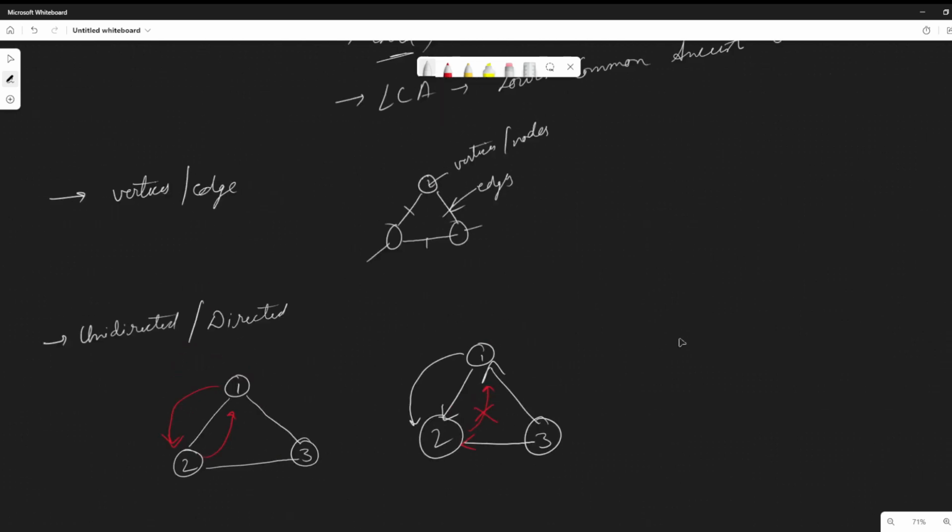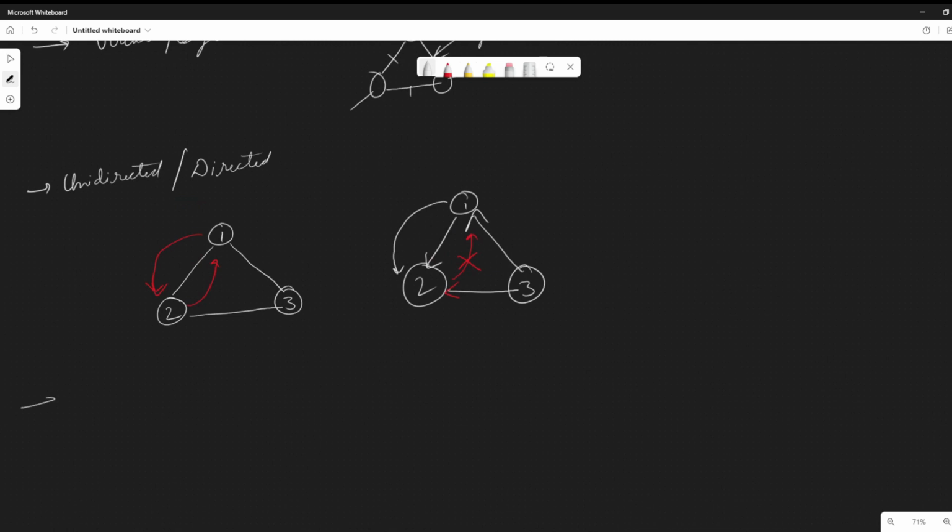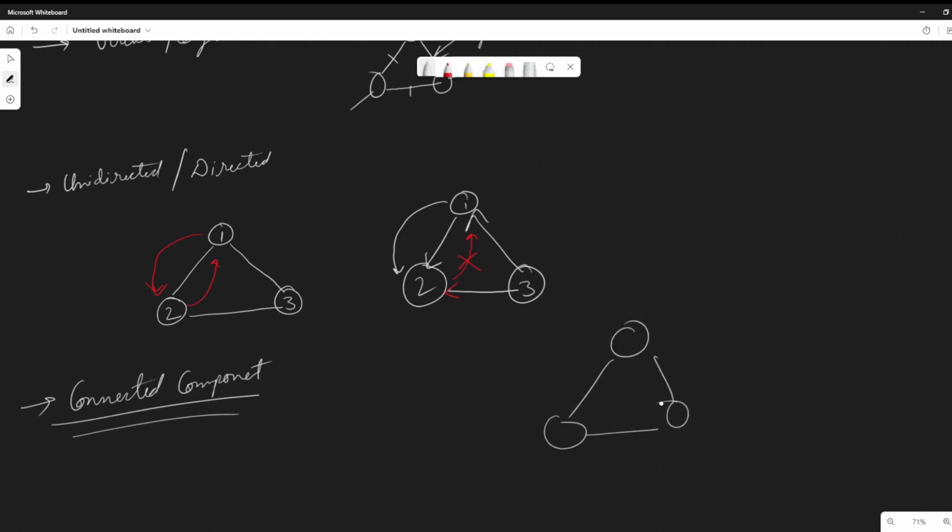Now we will talk about another one, connected component. What is a connected component? Basically, if we can go from one node to two to three, I can reach 3 from any of the nodes, from 1, from 2.